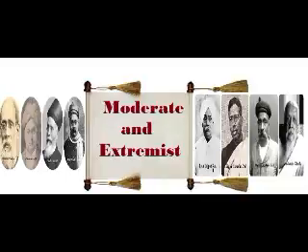The early years between 1885 and 1905 saw the evolution of Indian National Congress. During this period, the Congress was dominated by moderate leaders. Gradually, a section emerged which did not agree with the moderate policies and believed in aggressive action.